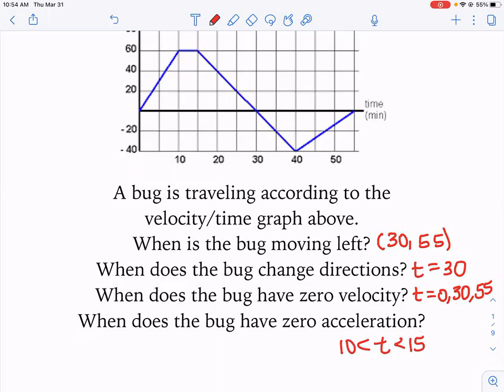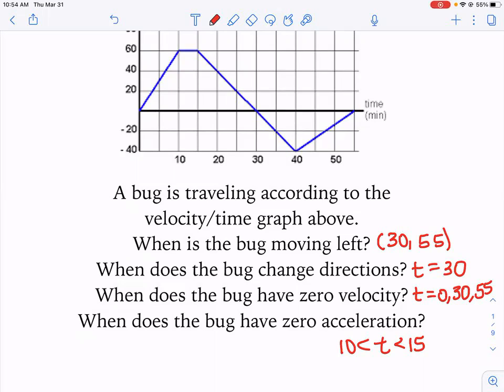Cole, why? Okay, so what's true about its slope? So the velocity has a slope of 0, which means acceleration would be 0 because acceleration is the derivative.